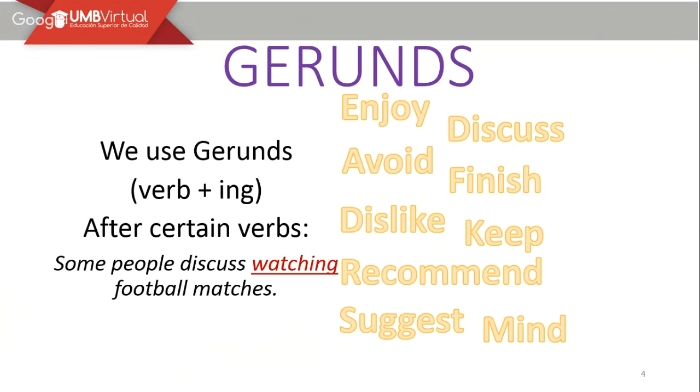Vamos a decir que ella evita comer comida chatarra. So she avoids eating junk food, right? As you can see right there, it is important to highlight the following verb after those verbs have to be followed by ing. All right.